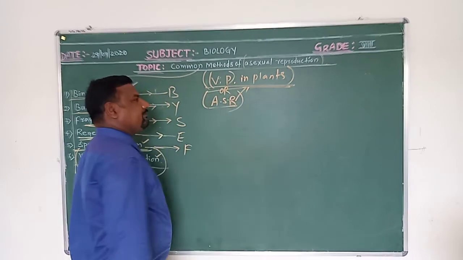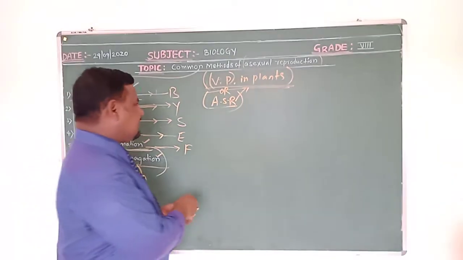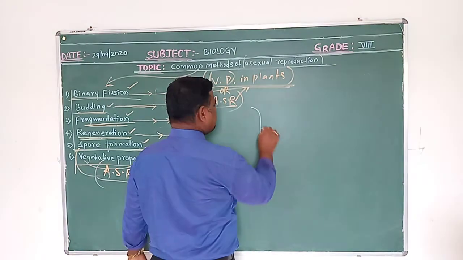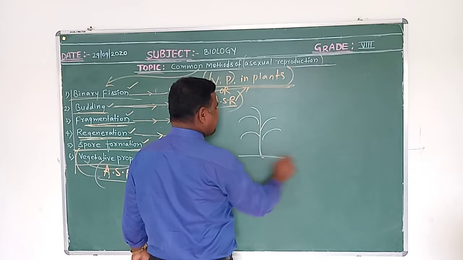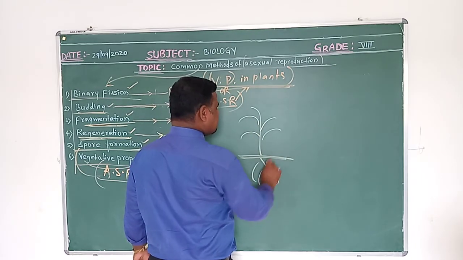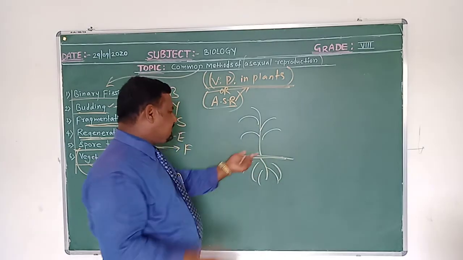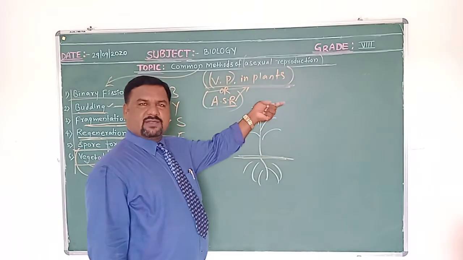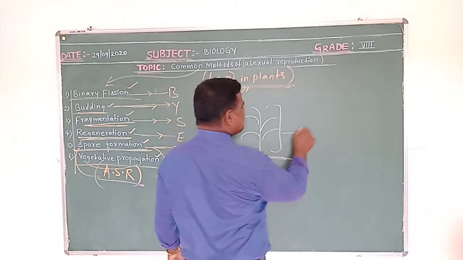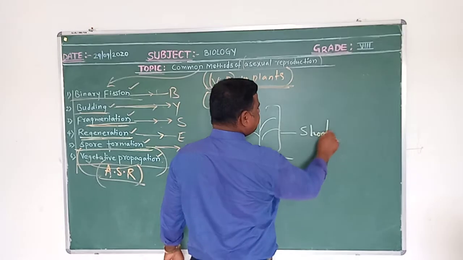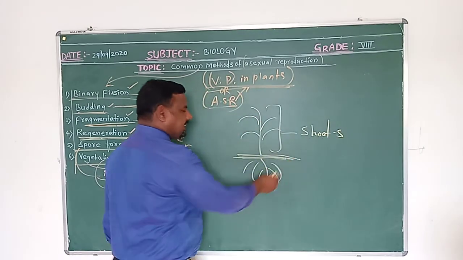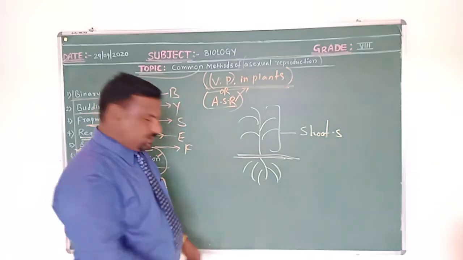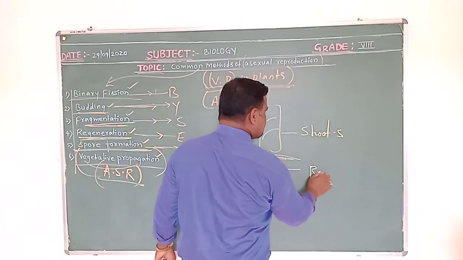Is it clear? As you commonly know, children, a plant body has the aerial part, which is above the ground, the visible part of the plant body. We call it the shoot system. And the part of the plant body which is present below the ground, we call the root system.